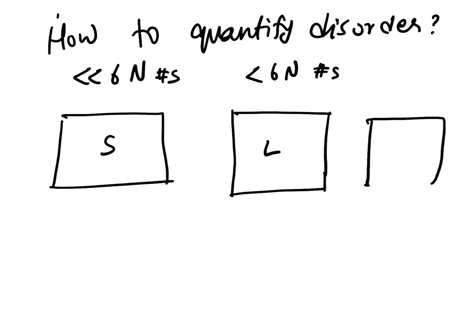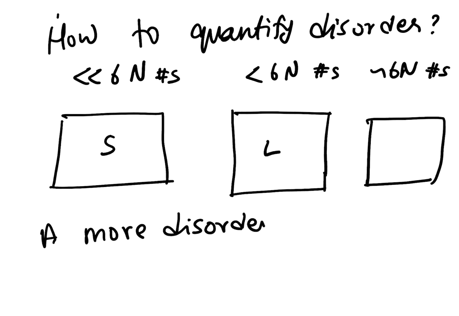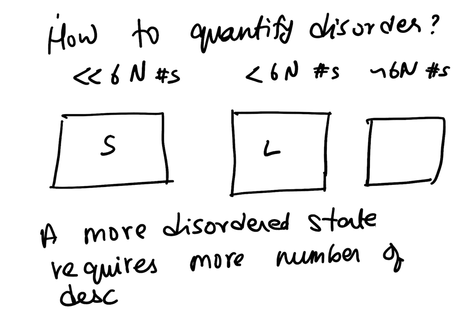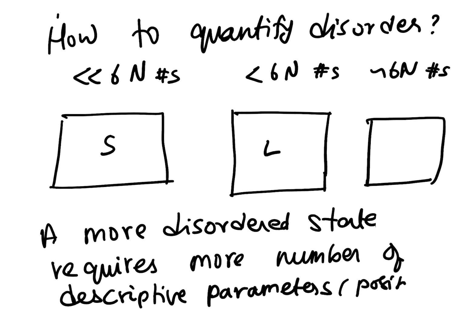And the gaseous state will require nearly 6n numbers to be completely specified. Or in other words, a more disordered state requires more descriptive parameters, that is, let's say, the positions and velocities of the molecules.